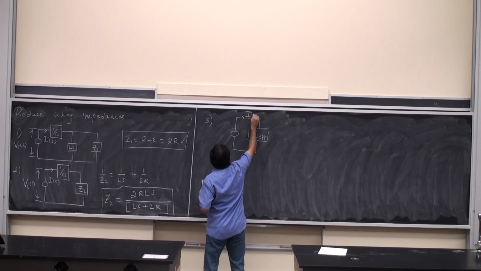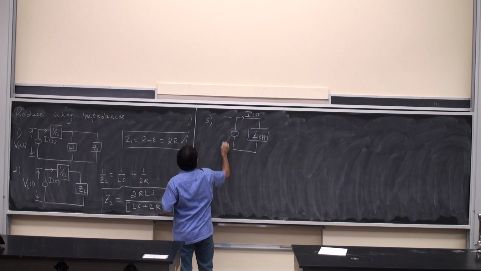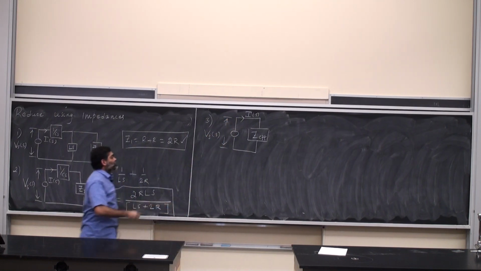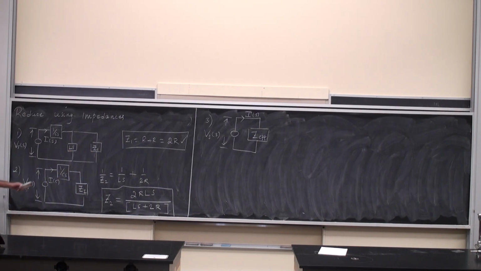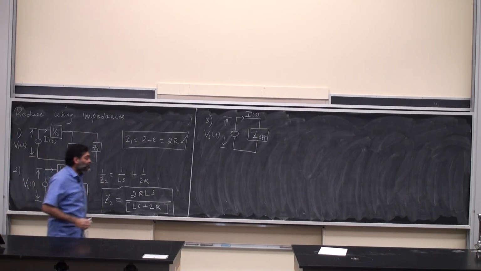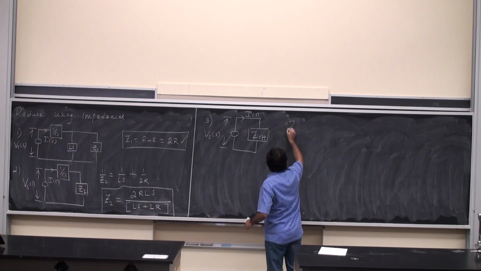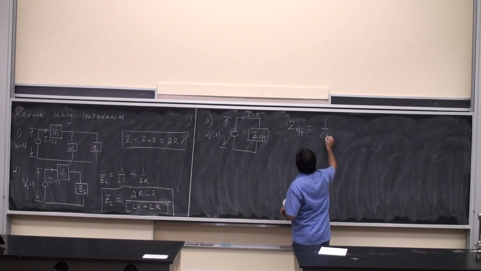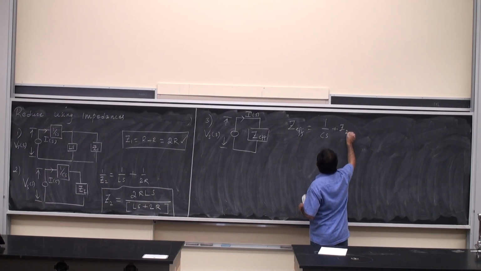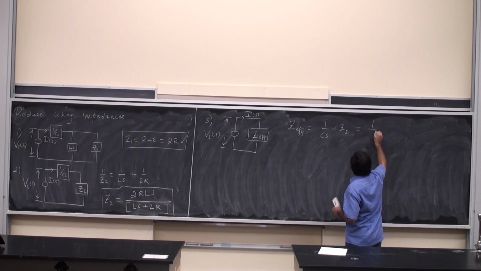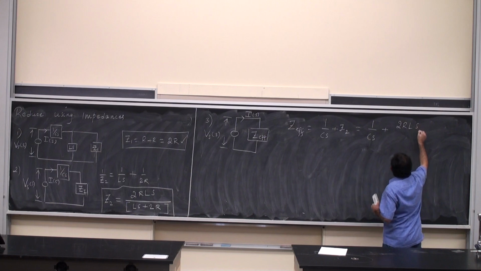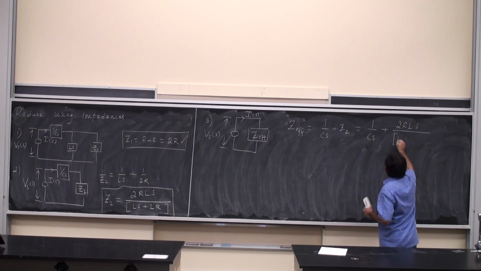I of S, Vs of S, and what is Z effective? Is the sum of Z2 and 1 by Cs. Which is 1 by Cs, then 2 RLS by all this stuff.